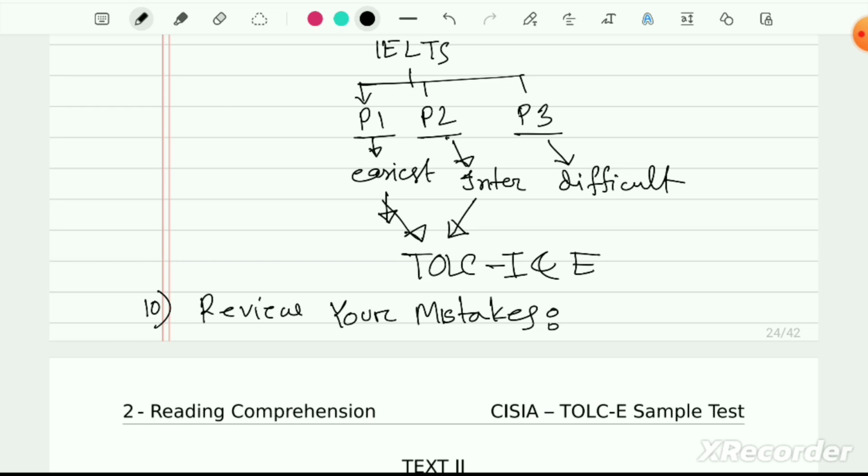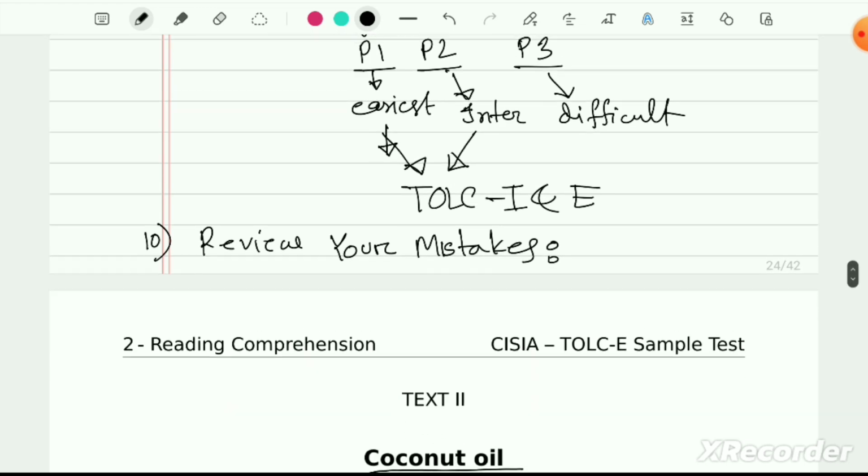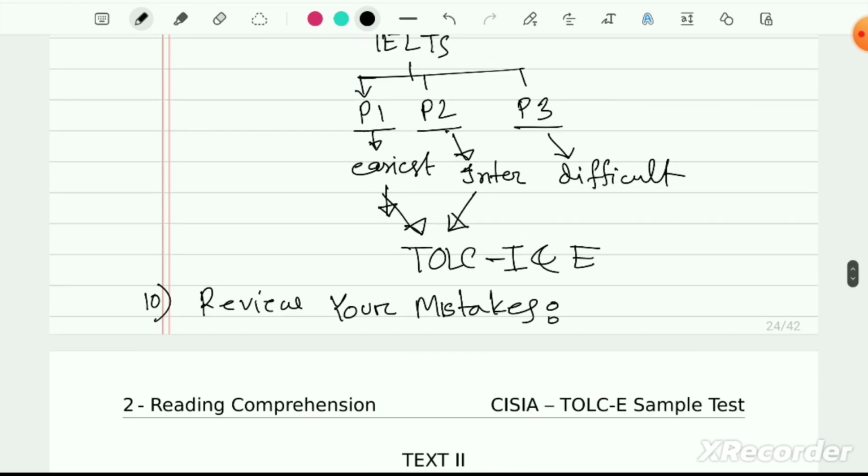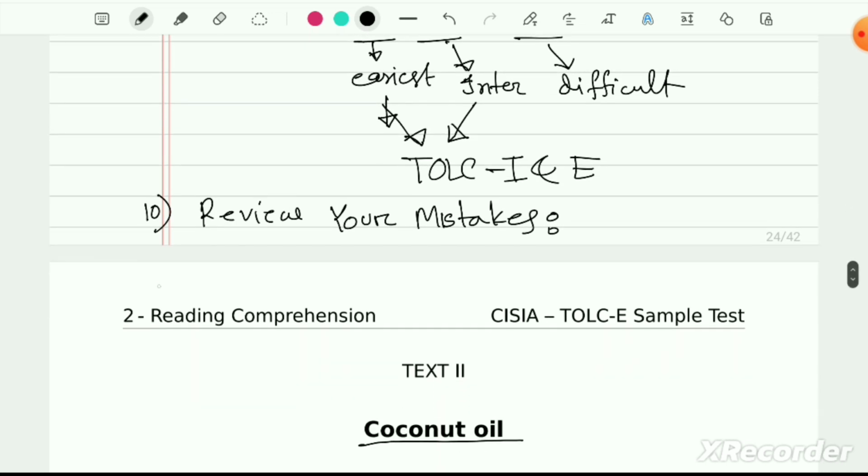So after practicing, review the questions you got wrong or were unsure about, understand why you made those mistakes and learn from them. And the last suggestion is improve your vocabulary.